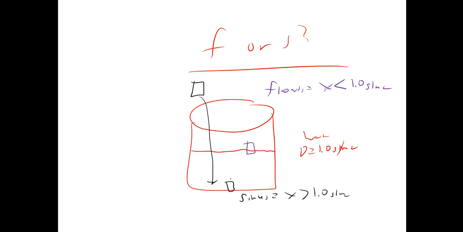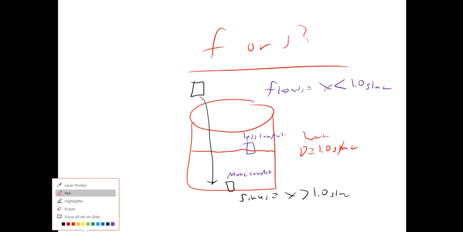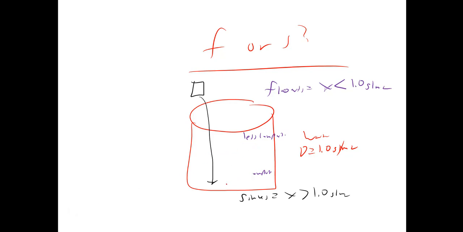You can also assume that if an object sinks to the bottom, it's going to be obviously denser, it's going to be more compact than water, and then the object that's floating is going to be less compact than water. So this is the science behind how boats work.